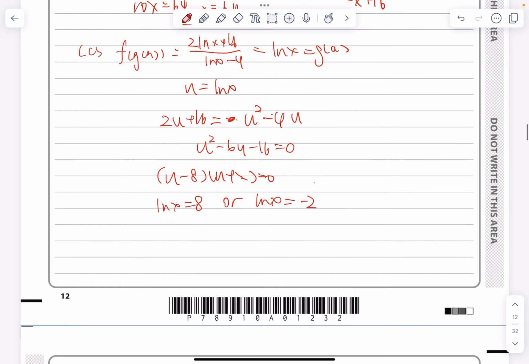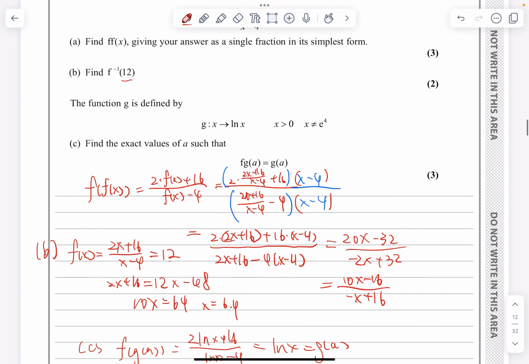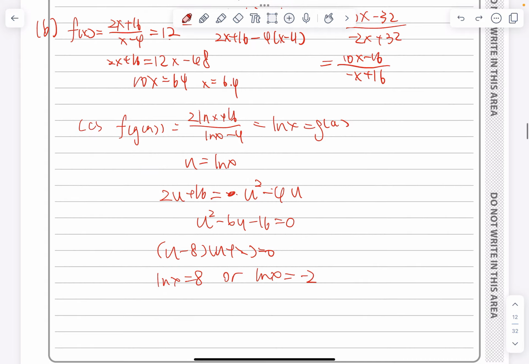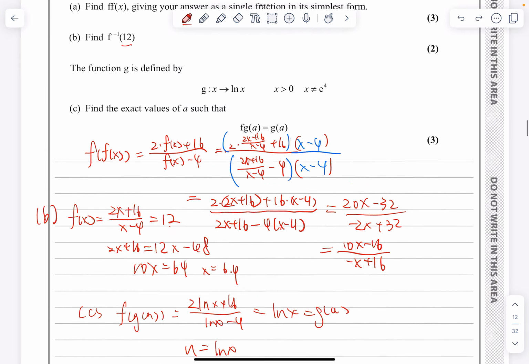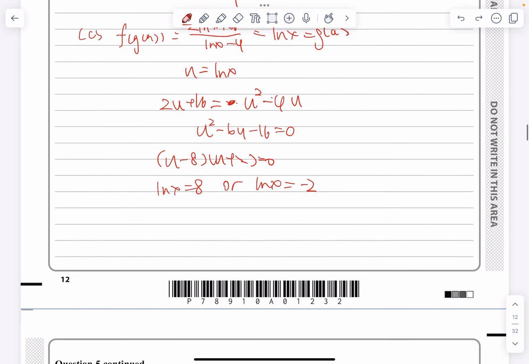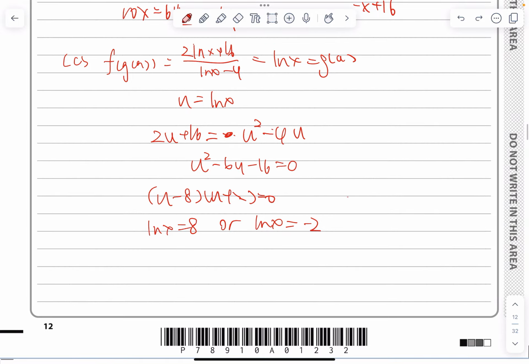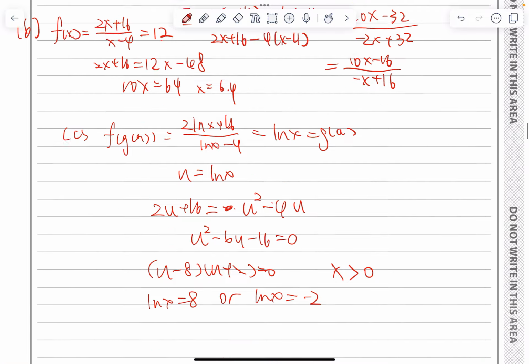But since logarithmic functions cannot, it has x larger than 0, right? Wait. Okay, that doesn't mean anything. Logarithmic functions have their values exceeding 0. Wait, no. x, the domain, not the range. x must be larger than 0. Okay, ignore what I said just now.